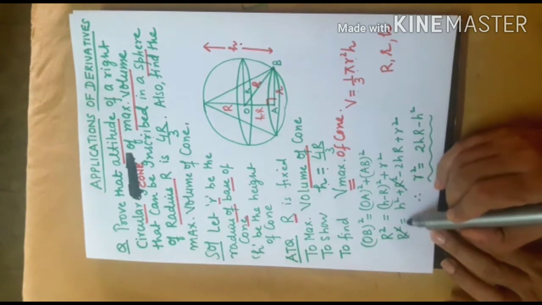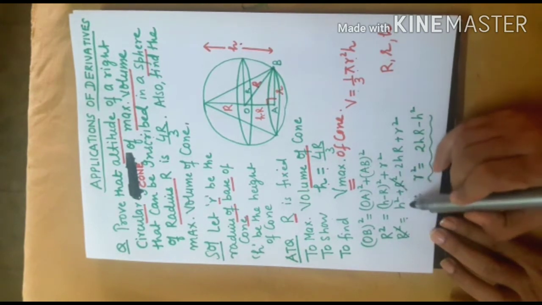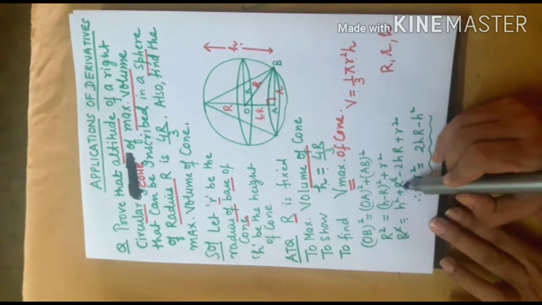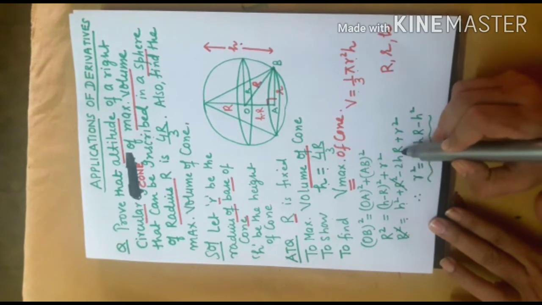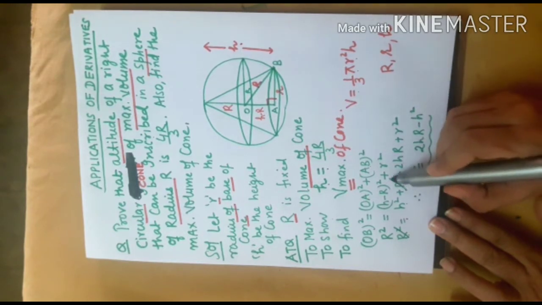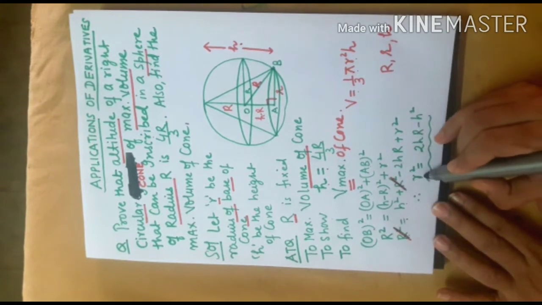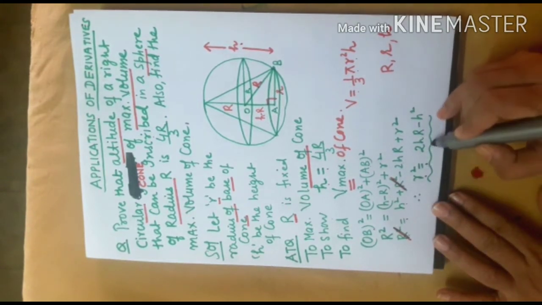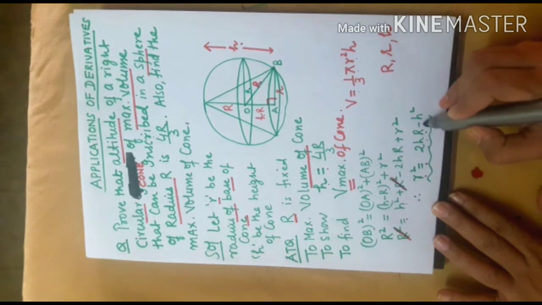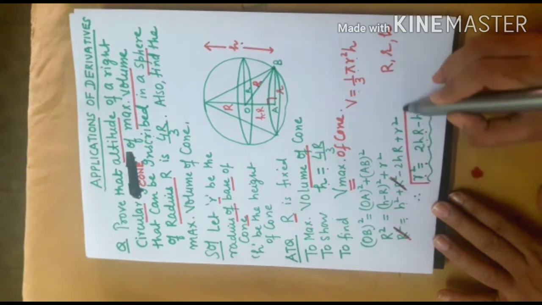So I'll get R square equals, opening the square, h square plus capital R square minus 2hR plus small r square. This will get cancelled out. So from here, small r square will be equal to 2hR minus h square.